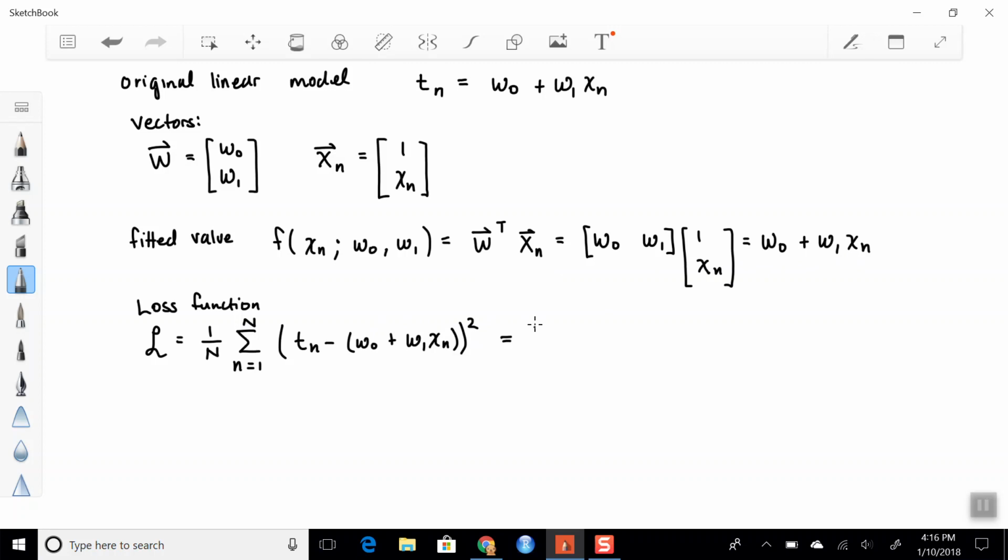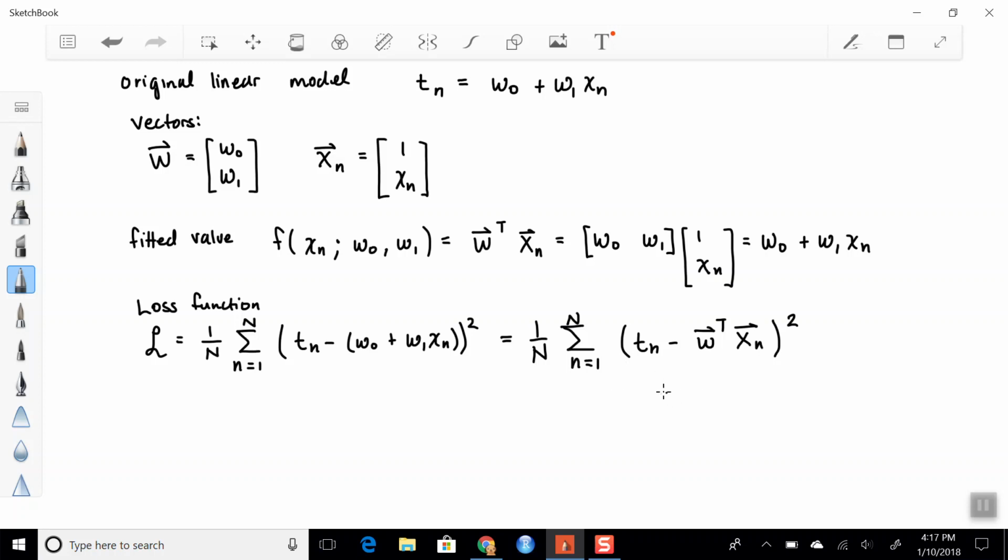So this is going to become 1 over n, the sum from n equals 1 to n of tn minus w transpose xn quantity squared. Okay, and this is vector notation. Yet we are still not harnessing the power of matrices.